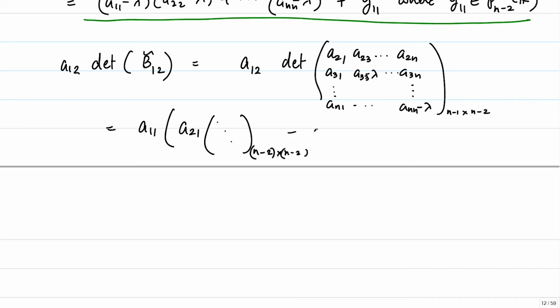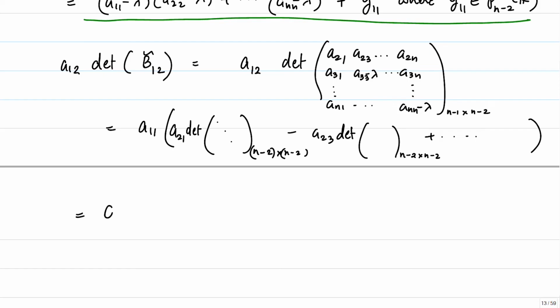Similarly, there will be a minus A31 times the determinant of another n minus 2 cross n minus 2 matrix. The terms I will not write because they are not important. The thing to notice is that by the previous proposition that we proved, this determinant will again turn out to be a polynomial of degree less than or equal to n minus 2.